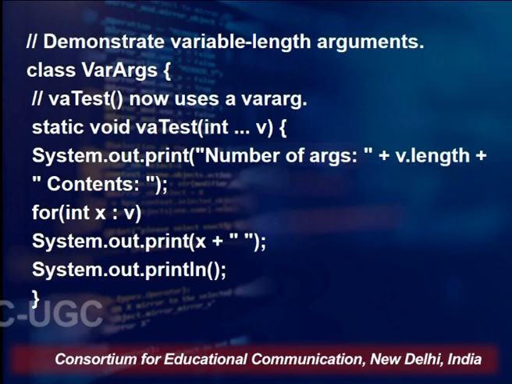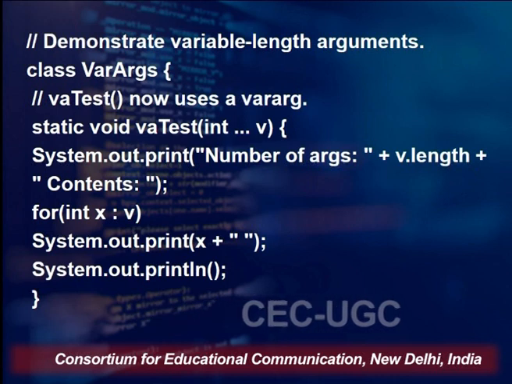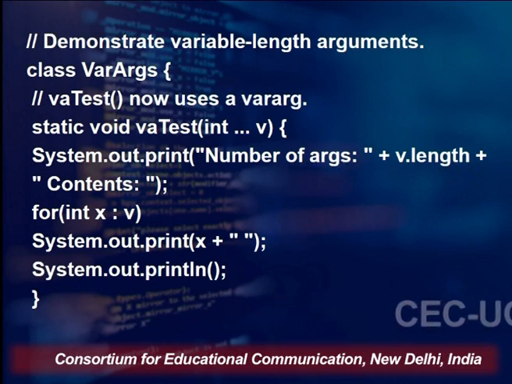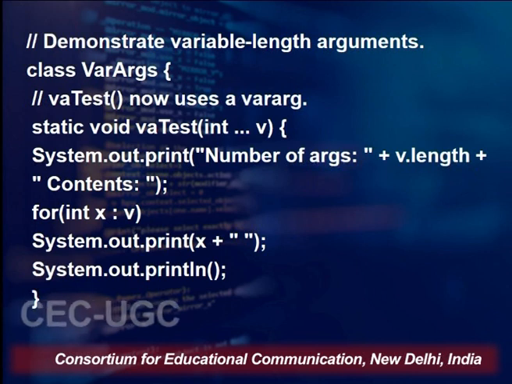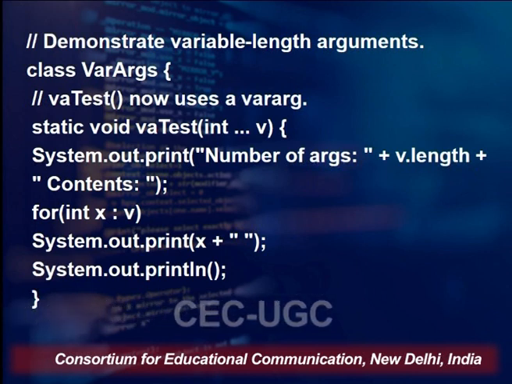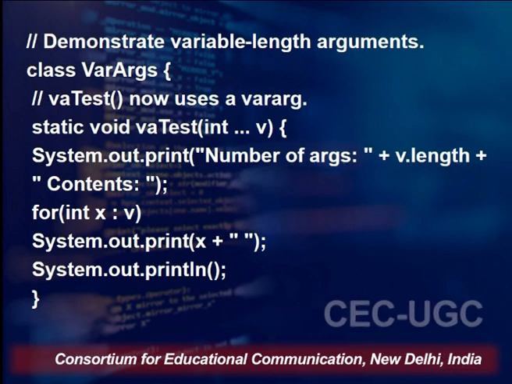Let us see how it goes with the help of a program. So, here we have class VarArgs, and now we are going to use a variable length argument method which says static void varTest(int... v), and then the whole program is similar to the previous one.